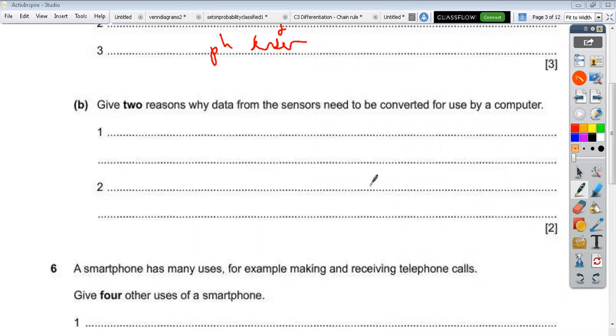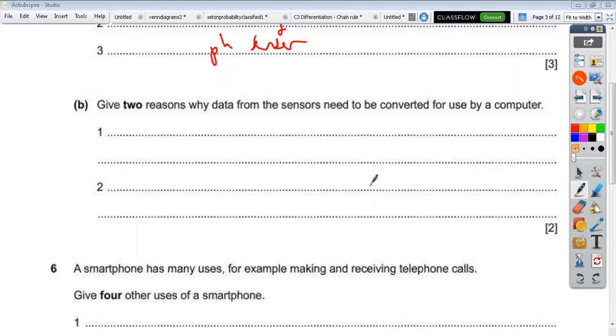The output of a sensor is analog. The input of a computer is binary. The computer can only understand binary. Clear? It is converted into a form the computer can understand.